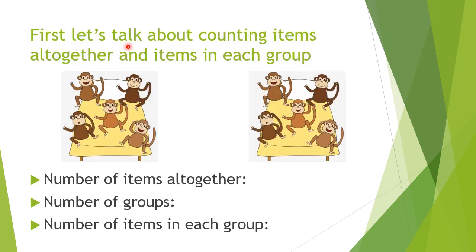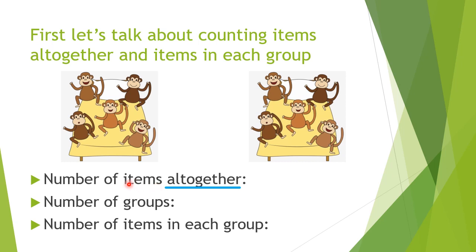So, let's talk about counting items all together and items in each group. So, kami memahami apa artinya all together, groups, sama items in each group dulu. So, let's start. We start with the first one, number of items all together. So, all together, if you remember, artinya kesemuanya. So, all together, semua ini.